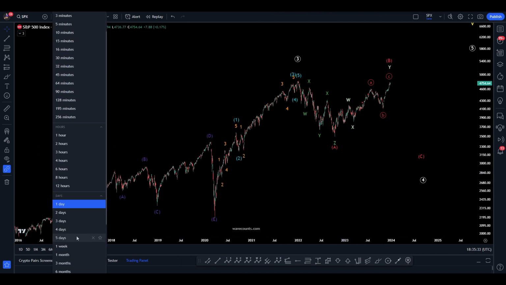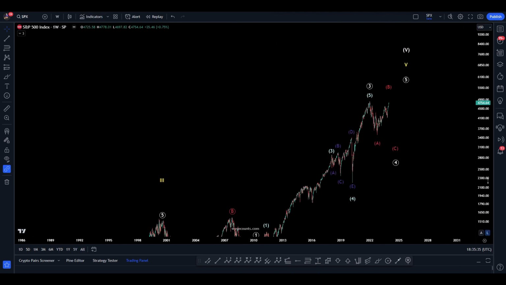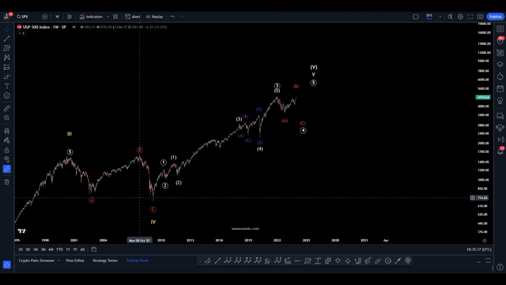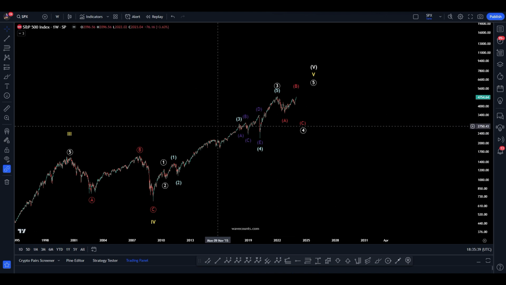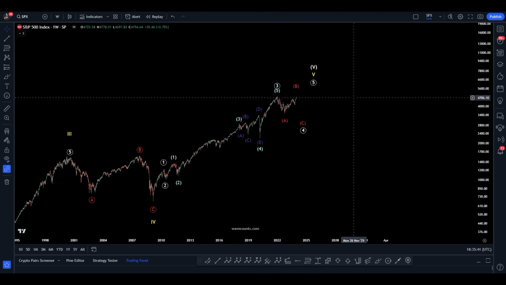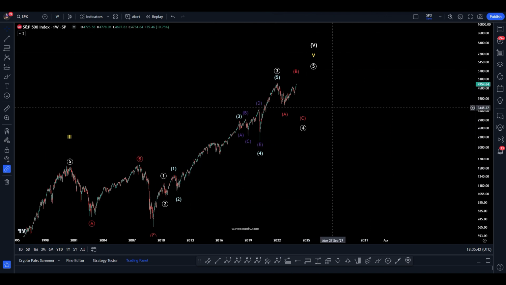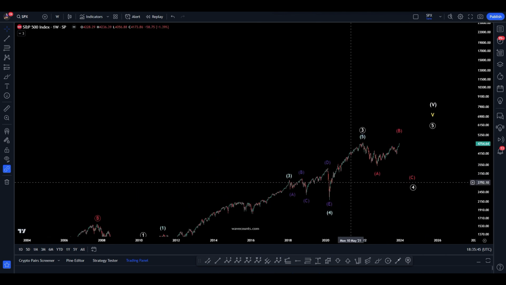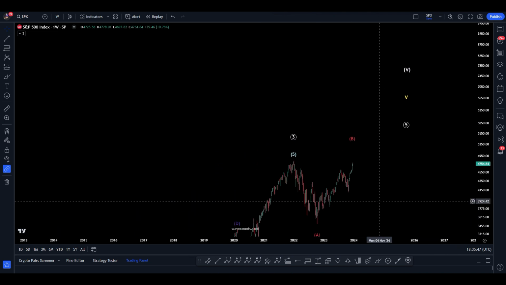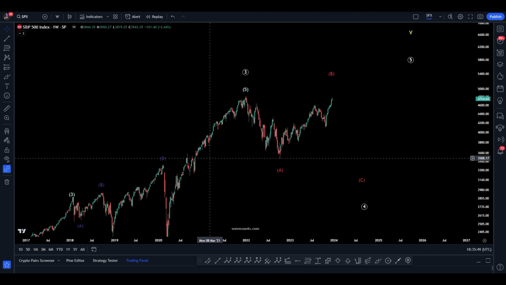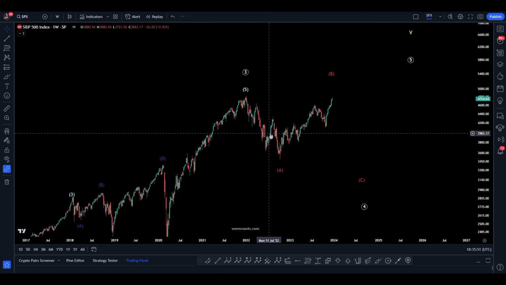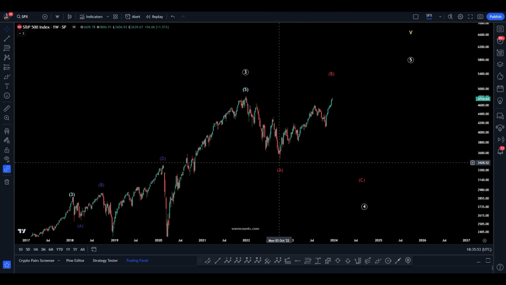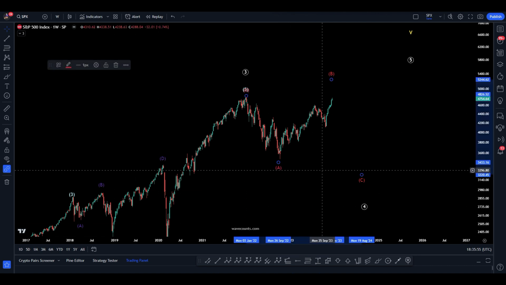So my original count had, this is just the progression of how you do things, right? You go with something that is probable, and then when that probable thing becomes invalidated, then you move on to whatever's the next probable. So this appeared to be 5 down.